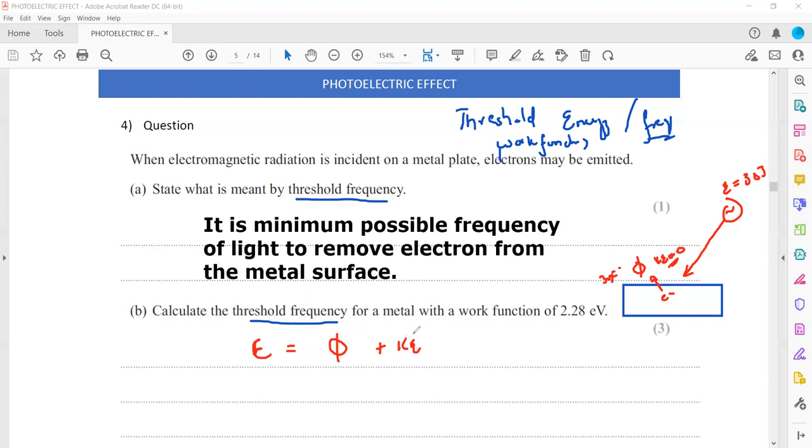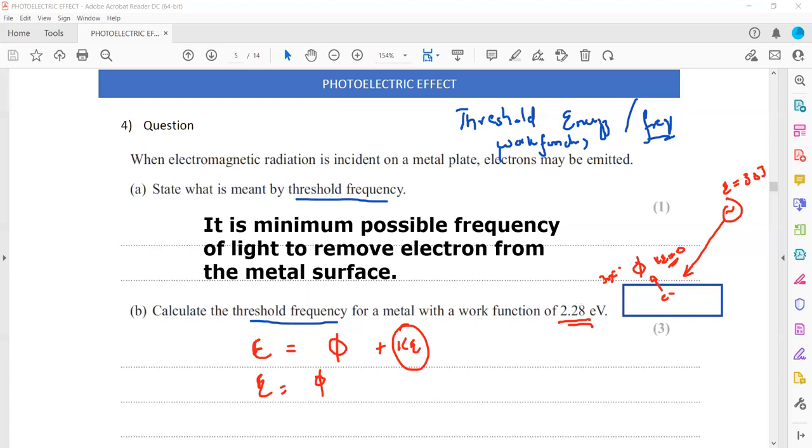The kinetic energy in that case will be zero. So whenever you're finding a work function, the energy of the incident light is equal to the work function, and that time the kinetic energy will be zero. So this term will be zero or it won't be there. So I can say E equals phi. But the problem here is the work function is given in electron volt. Whenever you are using the value of the energy, it should always be in joule. So you have to convert this into joule.